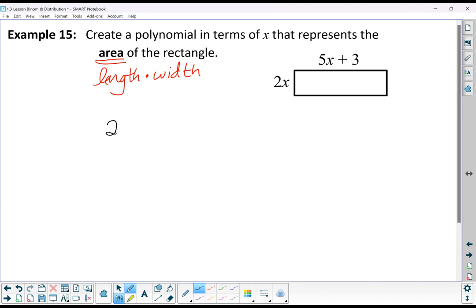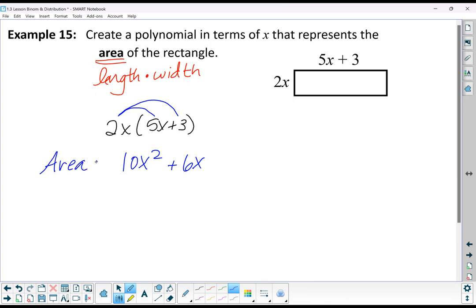So the length multiplied by the width means I'm multiplying that 2x by the 5x plus 3. So if I distribute that, I get 10x squared plus 6x. So that is an expression for the area of the rectangle, 10x squared plus 6x.